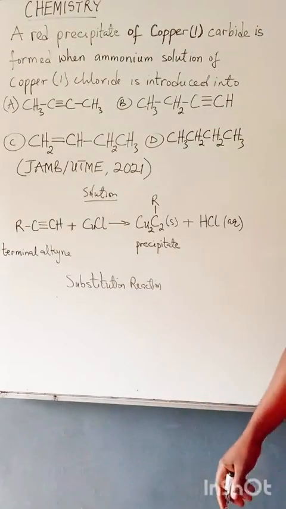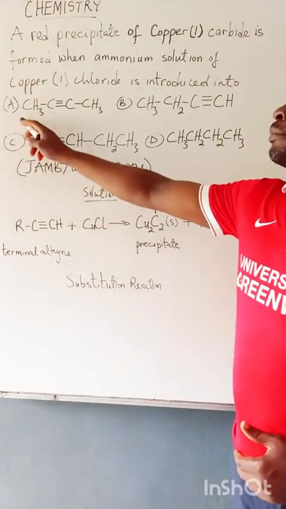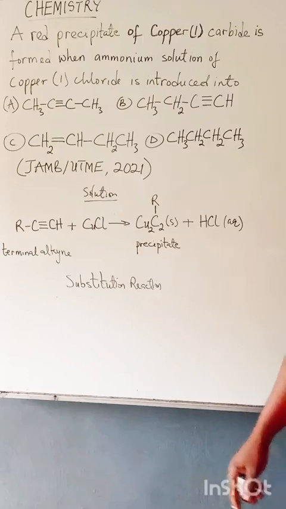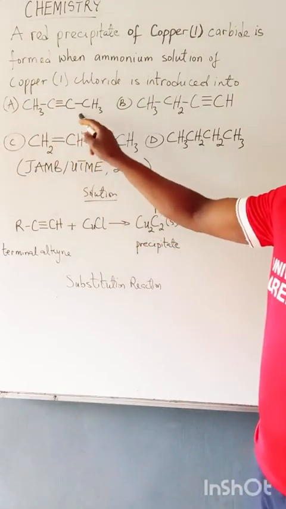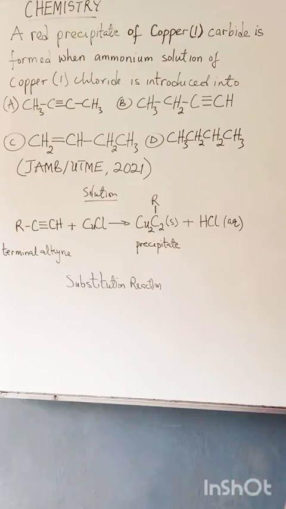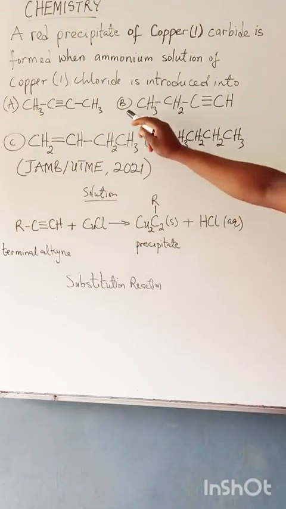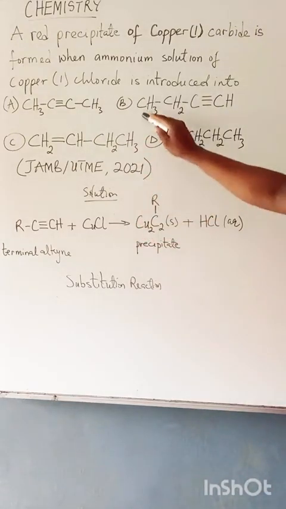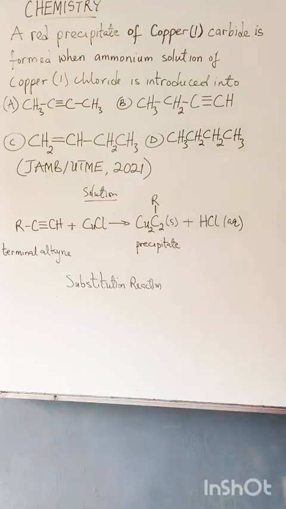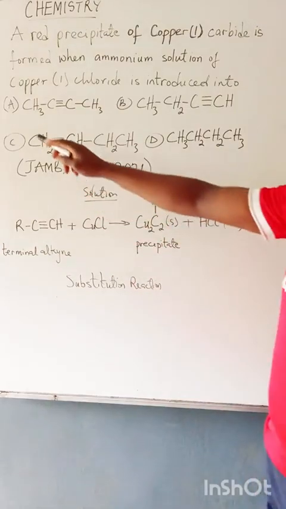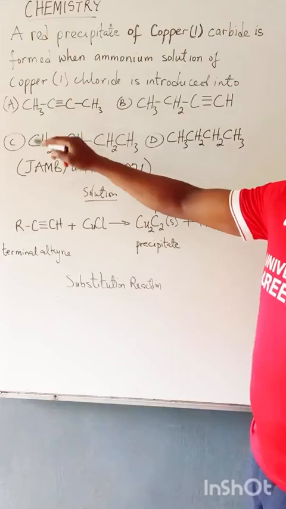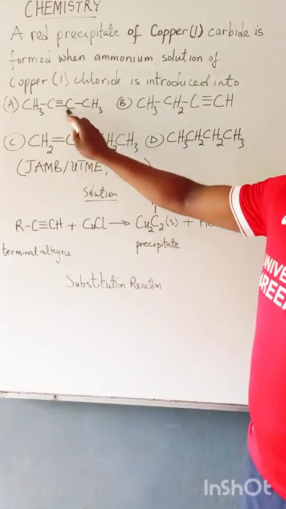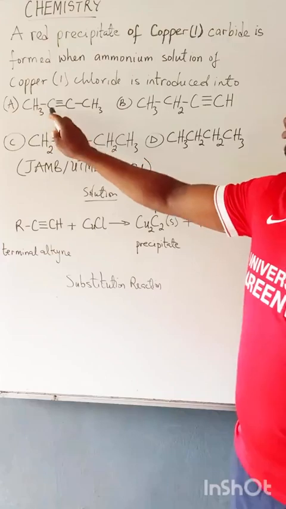Option A is 1, 2, 3, 4, but-2-yne. Option B is but-1-yne, 1, 2, 3, 4. I call this option but-2-yne because the carbon-carbon triple bond is at position 2.